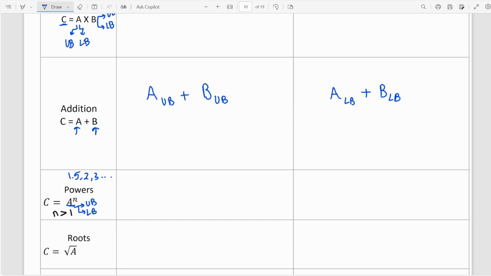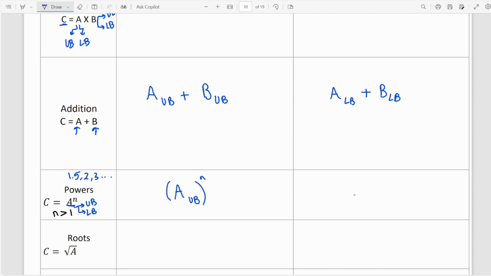In order to achieve the maximum possible value of C, obviously, you would want A to have the upper bound and then get raised to the power of N, whatever N is, could be 2, 3, 4, and so on. Because the bigger the number that is in here, the bigger your result will be, and that's what we want.